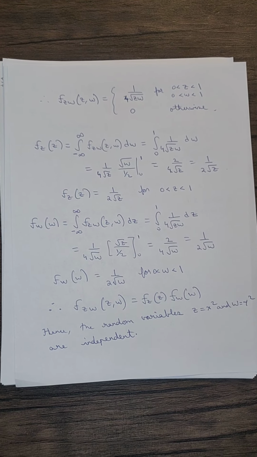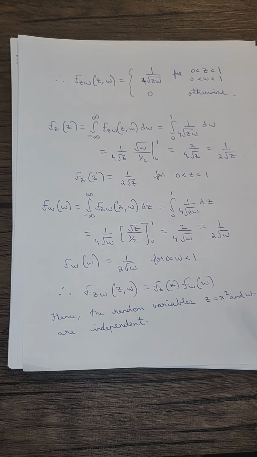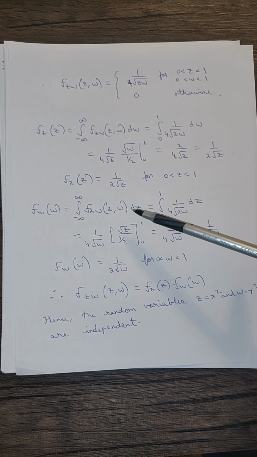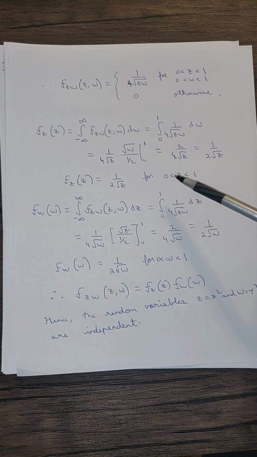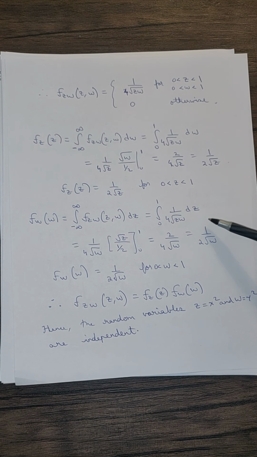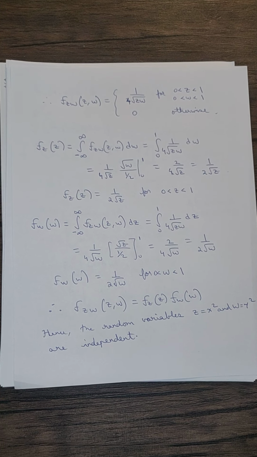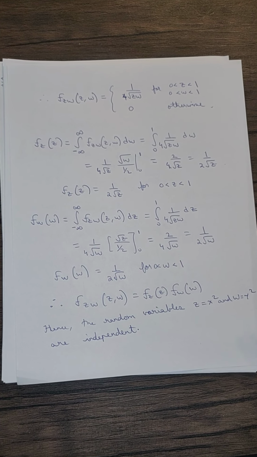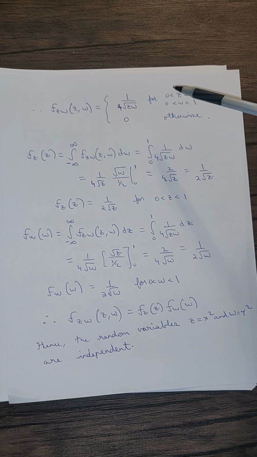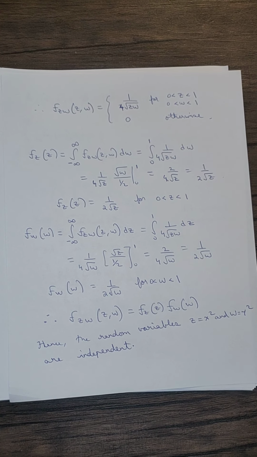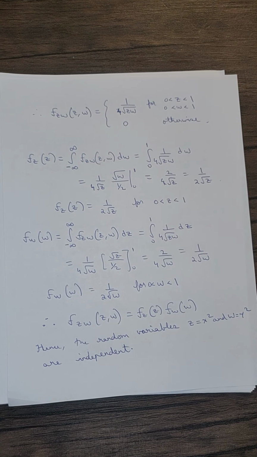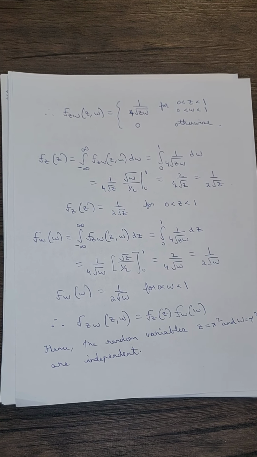Now for the marginal of w, f_W of w is found by integrating out z from the joint density of z, w, integral 0 to 1 of 1 by 4 root zw dz, which comes out to be 1 by 2 root w. So over here the product of the marginals is equal to the joint density of z and w. Therefore z and w, which are x square and y square, are independent, even though x and y are not independent.